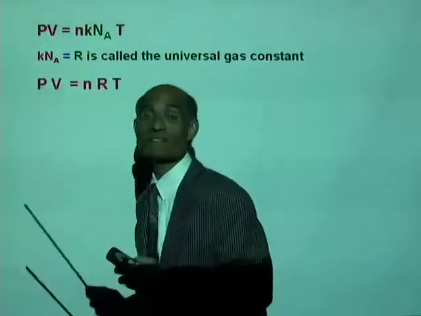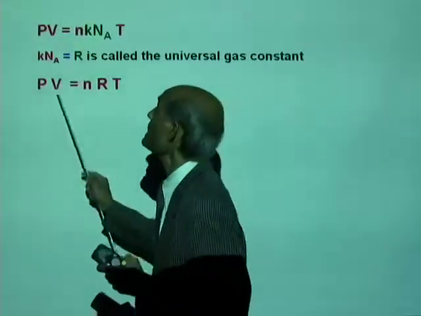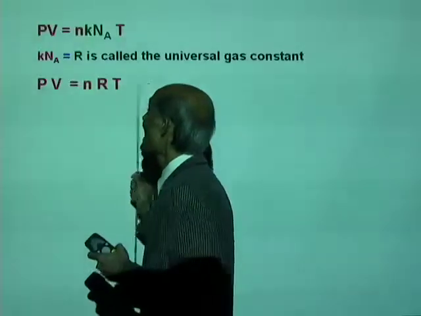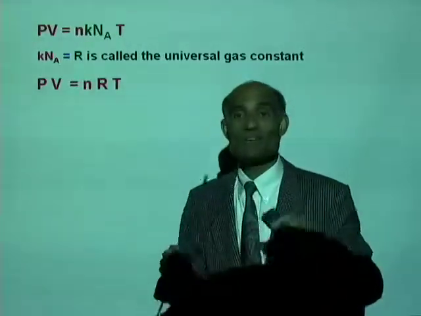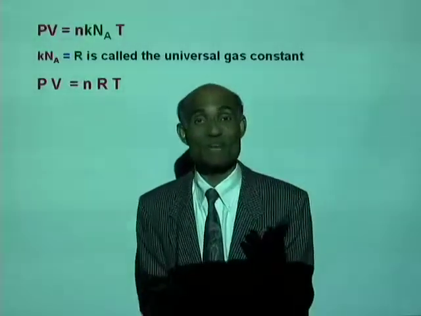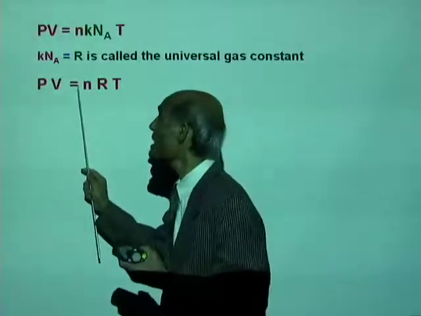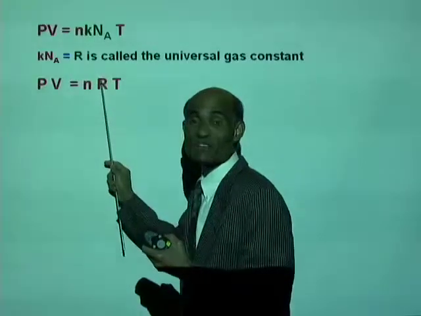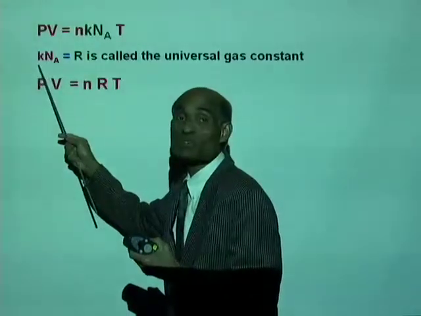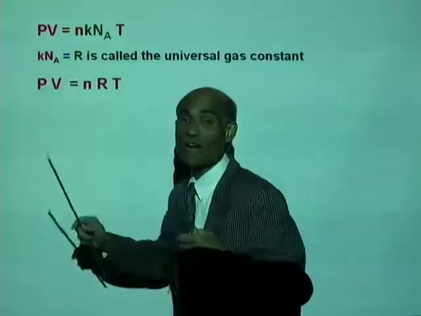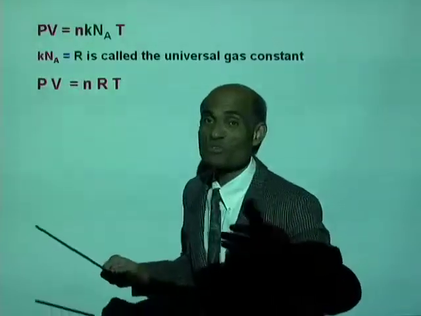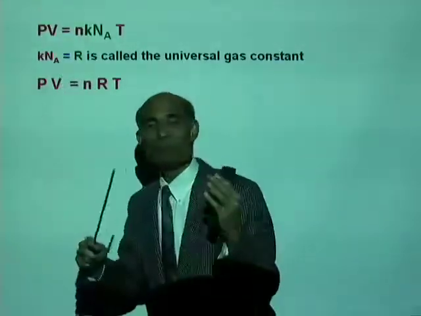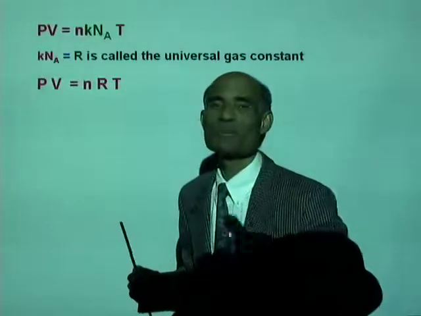So we can now write that relation PV equal to nRT. That is a beautiful equation in chemistry, where n is the number of moles of gas, R is the universal gas constant, which is equal to k times Na. I will want you to recall this relationship many times in the next few lessons.